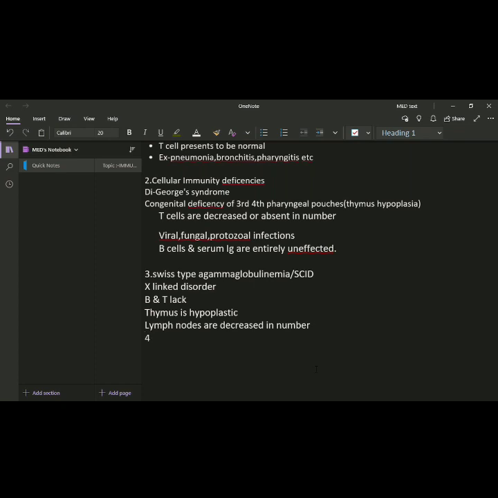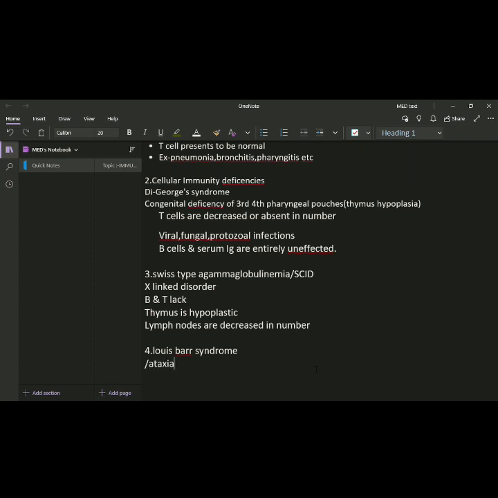So moving on further to the next type of immunodeficiency, that is Louis-Bar syndrome. This syndrome is also called ataxia telangiectasia.